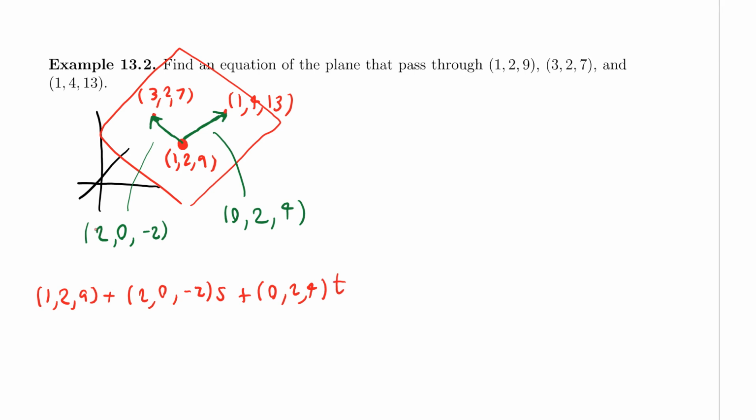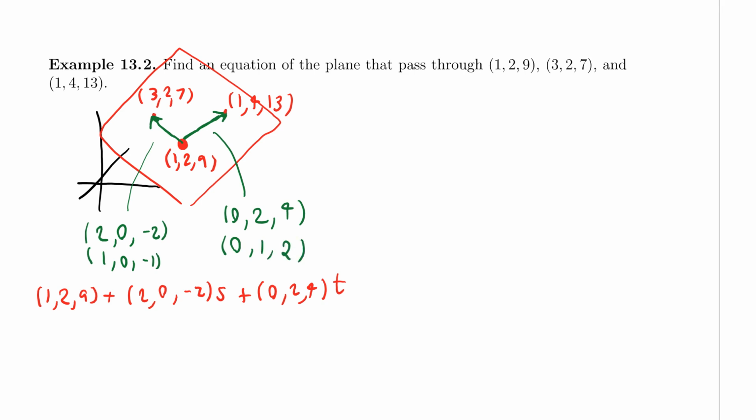Notice that for the green vector 2, 0, -2, I can pull out the 2, so I can view it as a multiple of 1, 0, -1. And the same with this one, I can view it as a multiple of 0, 1, 2.